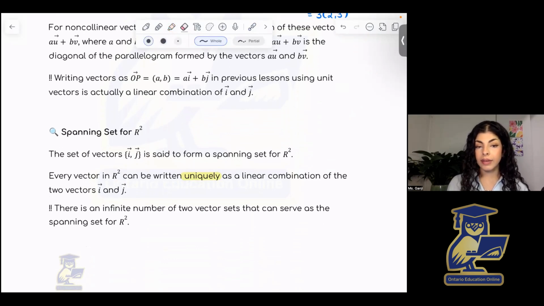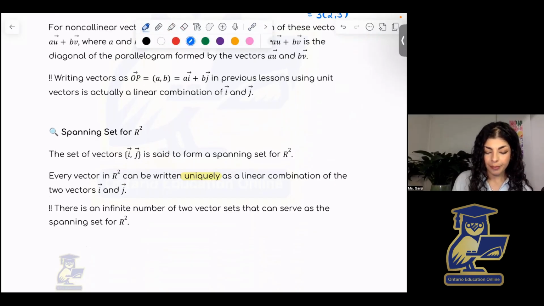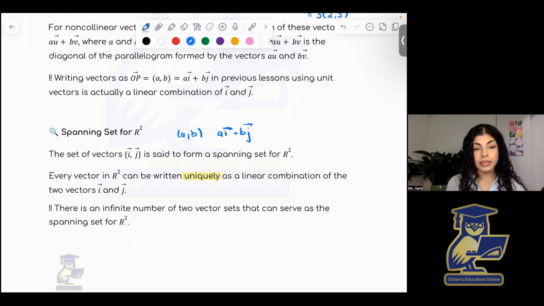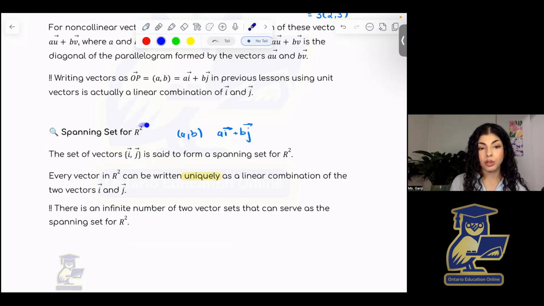And we already saw that. Given any component form a, b, we just write a i plus b j. And so based on that, we can say that i and j form a spanning set for R squared.